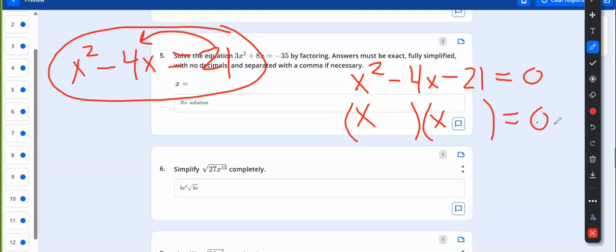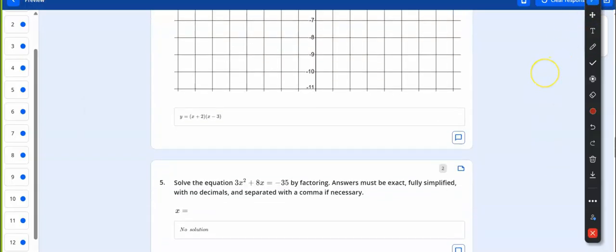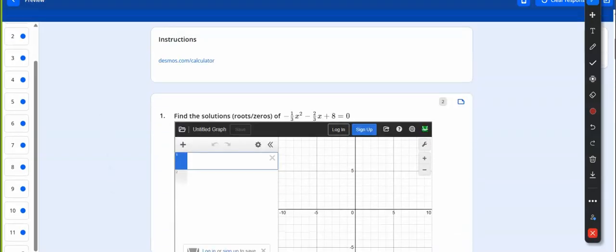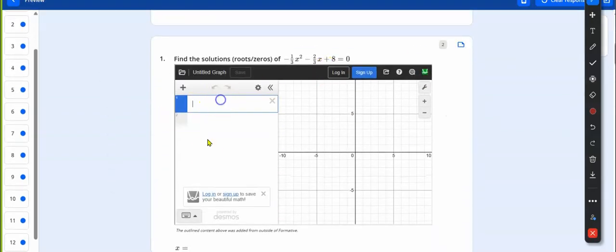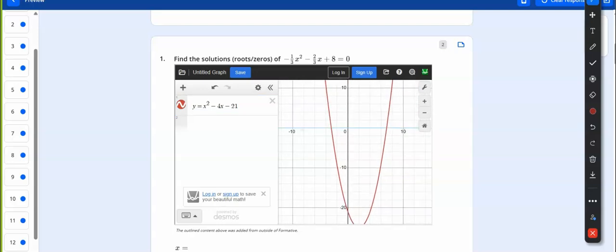We'll go ahead and graph it. That's a good idea. When it said factoring, I didn't know, so I was assuming that you guys worked on factoring instead of just graphing. But if you guys just did graphing, then I would type y equals x squared minus 4x minus 21.